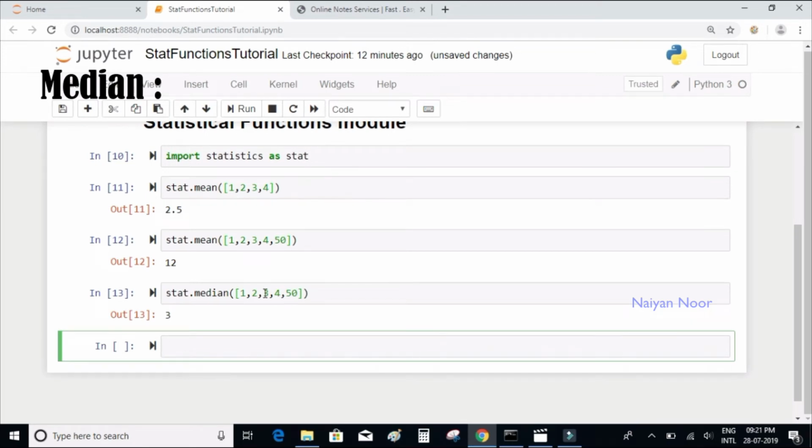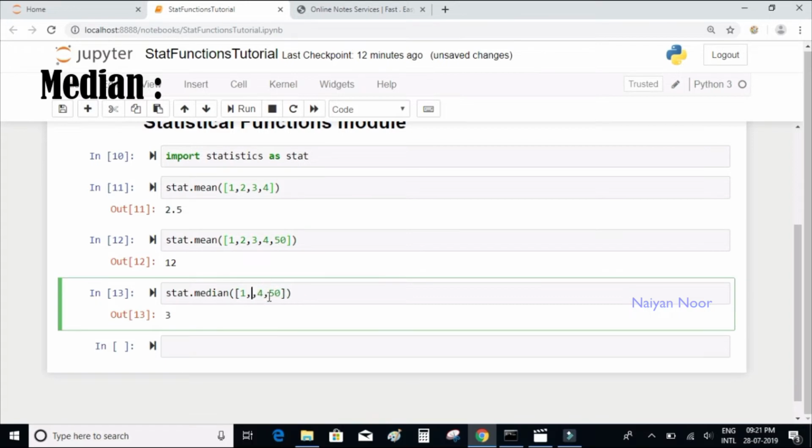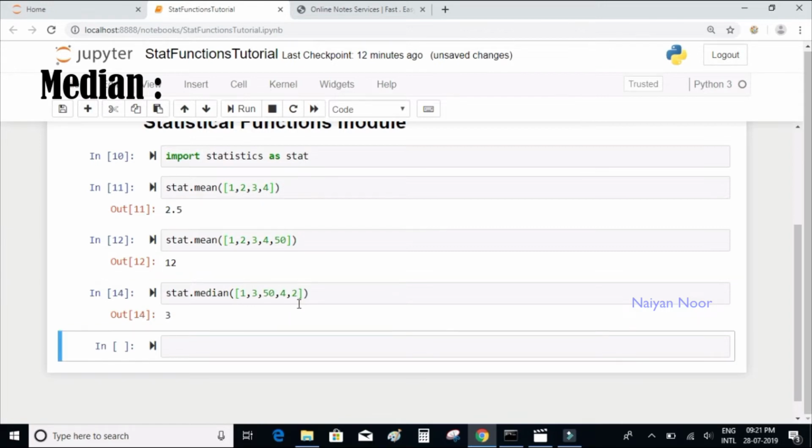Even if the numbers are not sorted, it will sort and then find the middle. But what if there are 2 numbers in the middle?